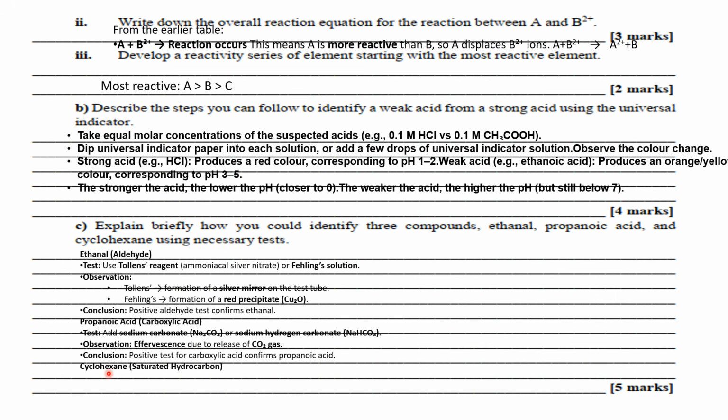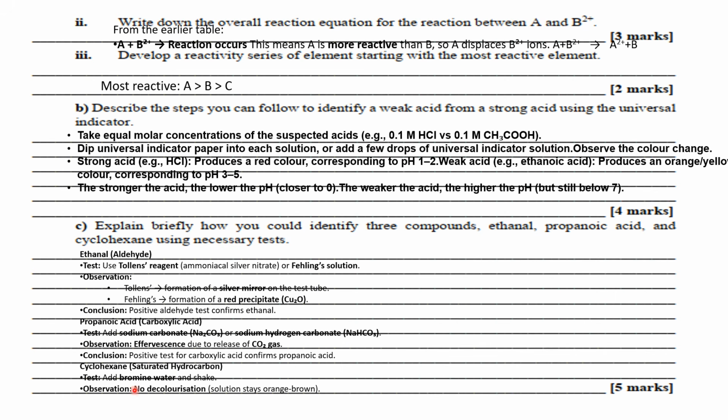Finally, the saturated hydrocarbon, which is cyclohexane. In this case, you would use bromine. So add bromine and shake. If the color of the bromine water changes from brown to colorless, it means it's an alkene.